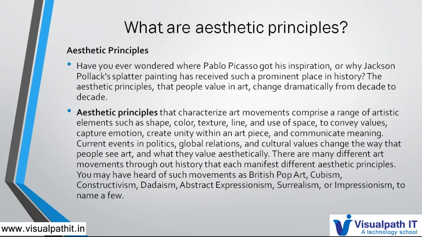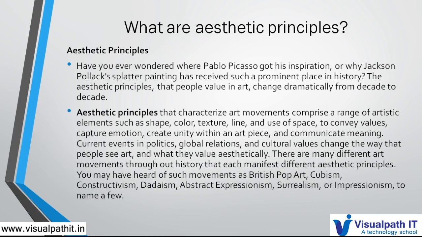Aesthetic principles that characterize art movements comprise a range of artistic elements such as shape, color, texture, line, and use of space to convey value, capture emotions, create unity within an art piece, and communicate meaning. Currently, events in politics, global reaction, and cultural values change the way that people see art and what they value aesthetically.